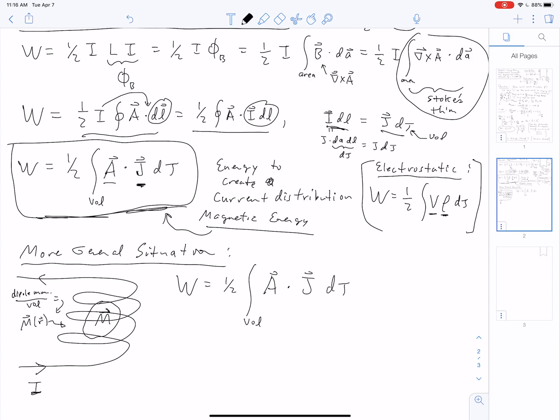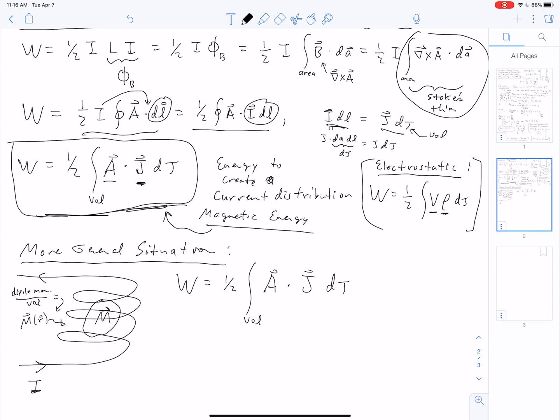But now we have to realize that the J here is not all the J's, because remember, J total is equal to J bound plus J free. When you turn on the current from your power supply, which is plugged into the wall, the current that's coming out of your power supply is J free, not J bound. J bound is in the material. So the work that you're actually paying for to ramp up that current is only the free part, J free.